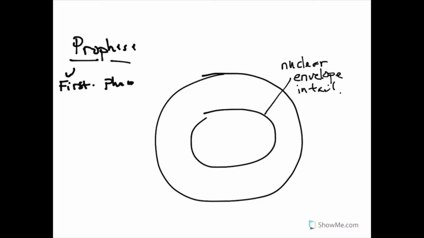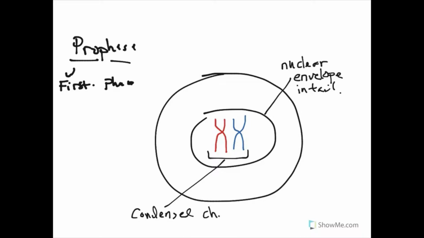Second thing you're going to notice is the chromosomes have condensed. So we want to make sure we notice that here in prophase there are condensed chromosomes. That is also a very important thing happening here.